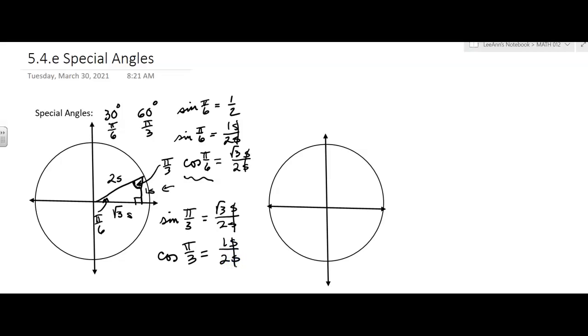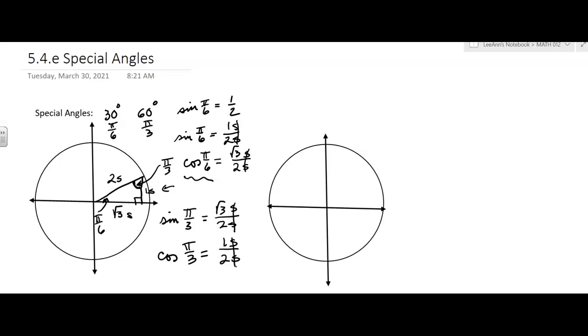And those s's cancel as well. Okay, so nothing's changed as far as our angles go. We still have those same trig functions for the special angles. And that's the 30, 60 special triangle. And you can also think of it in terms of radians, pi over 6 and pi over 3.